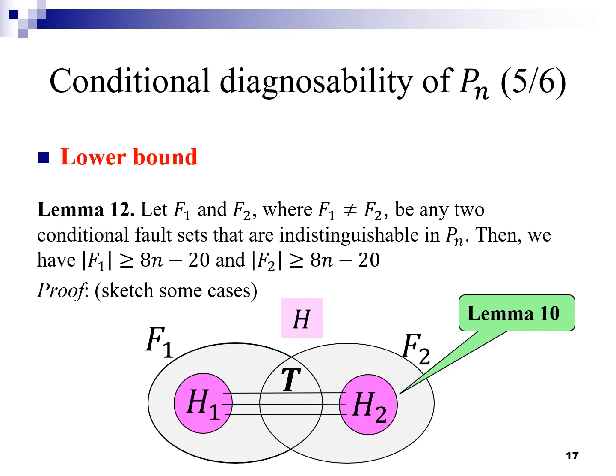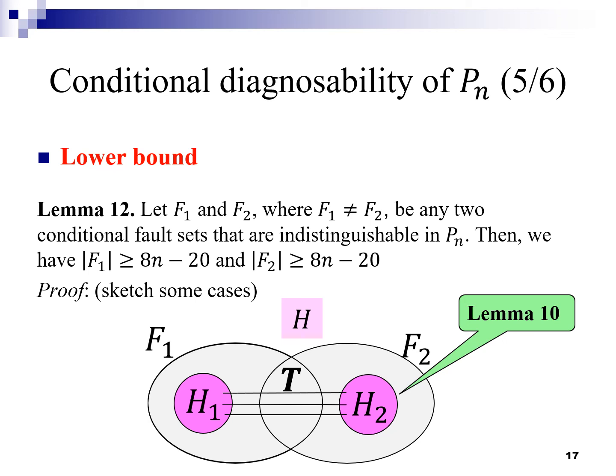Next, we consider the lower bound of the conditional diagnosability. By the previous definition, we only need to consider the following lemma 12. In lemma 12, we consider F1 and F2, where F1 is not equal to F2, be any two conditional fault sets, and they are indistinguishable in the Pancake graph.